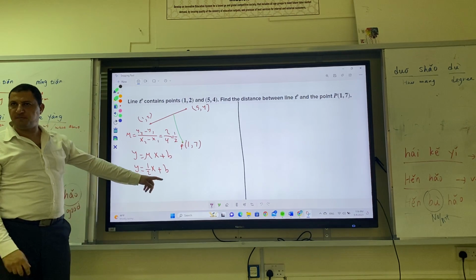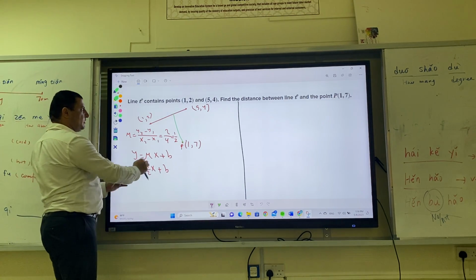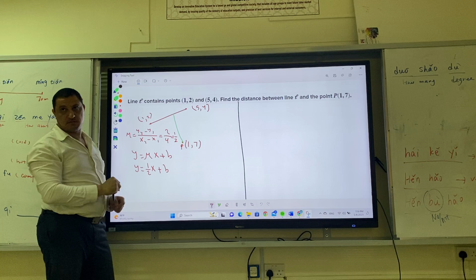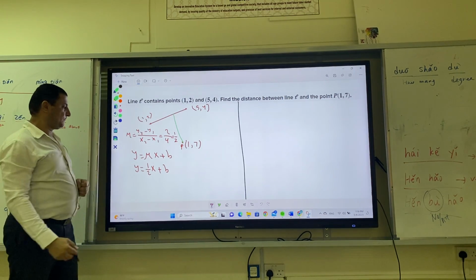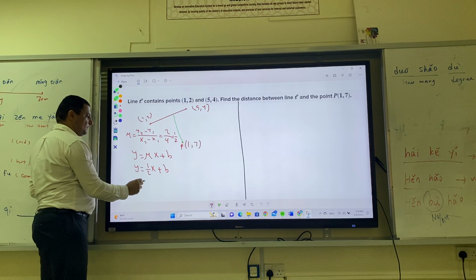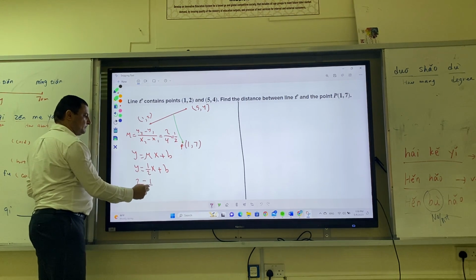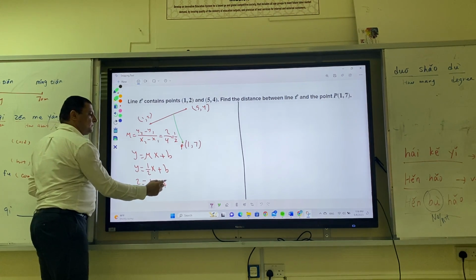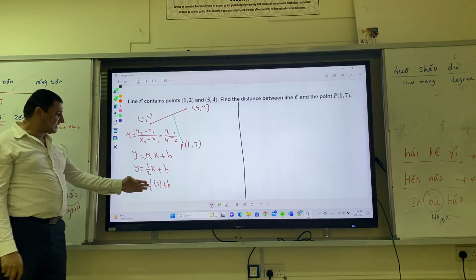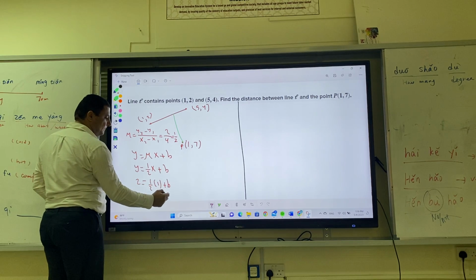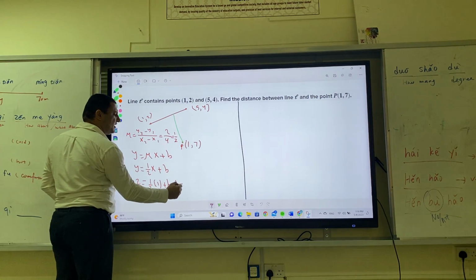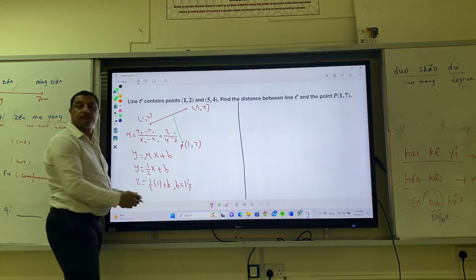I want to find the value of b, so I'm going to replace x and y with either of these points, any of them. Let's choose the easiest one. y is 2, x is 1. Subtracting 1/2 from both sides gives us the value of b. So b equals 1 and 1/2.